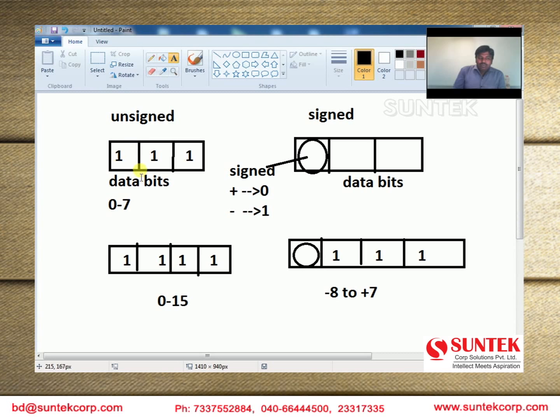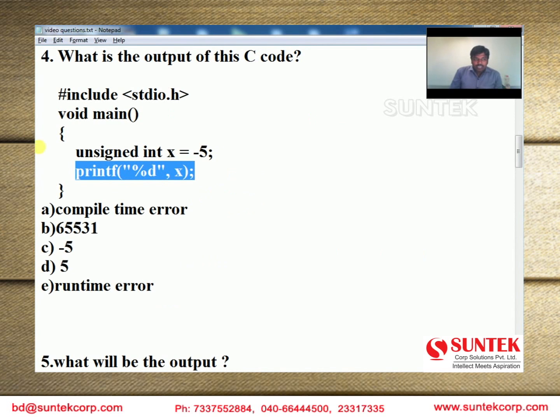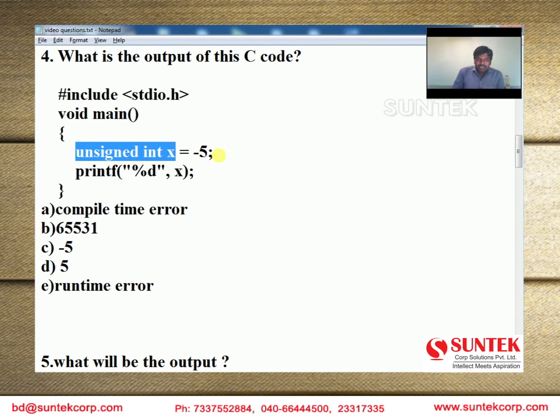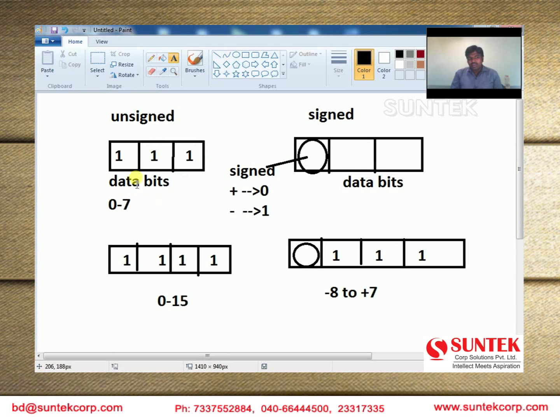Now come to the question here. What is the question? Unsigned integer and negative numbers. Can you store negative numbers? If you store negative numbers, what will happen? I will tell you. If you take an unsigned integer, this range is 0 to 7. Can I store 8 here?